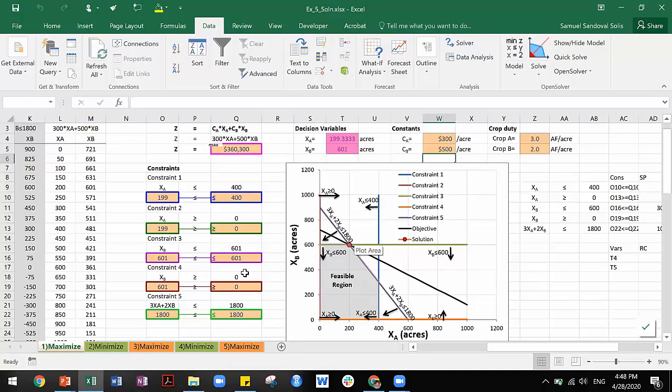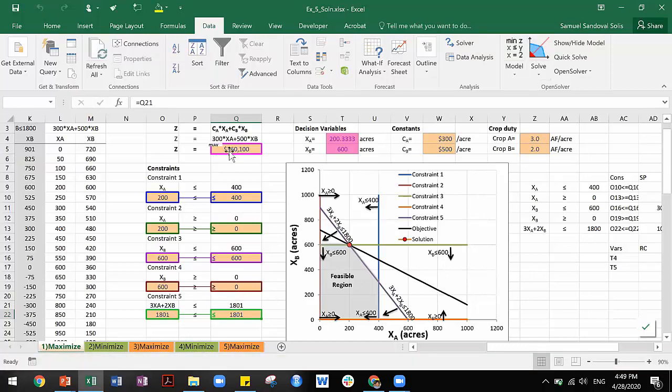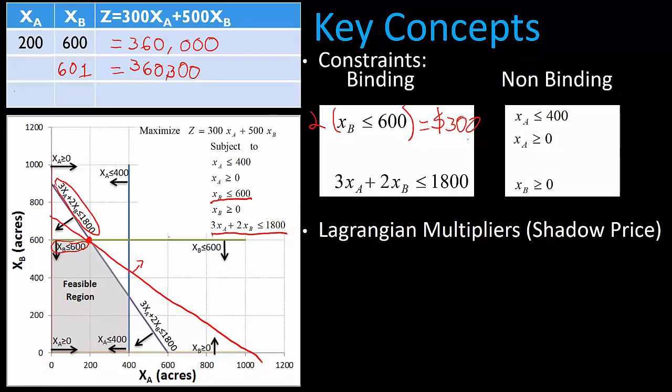Now let's go back here and estimate the Lagrangian multiplier for the other binding constraint, which is the one on the water. So let's have this at 1,801, and then we solve it. And in this case it is 360,100.